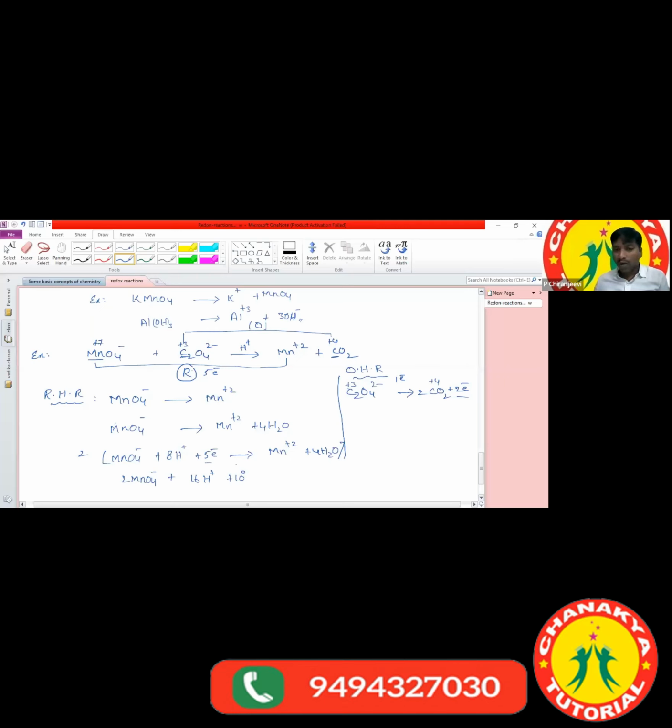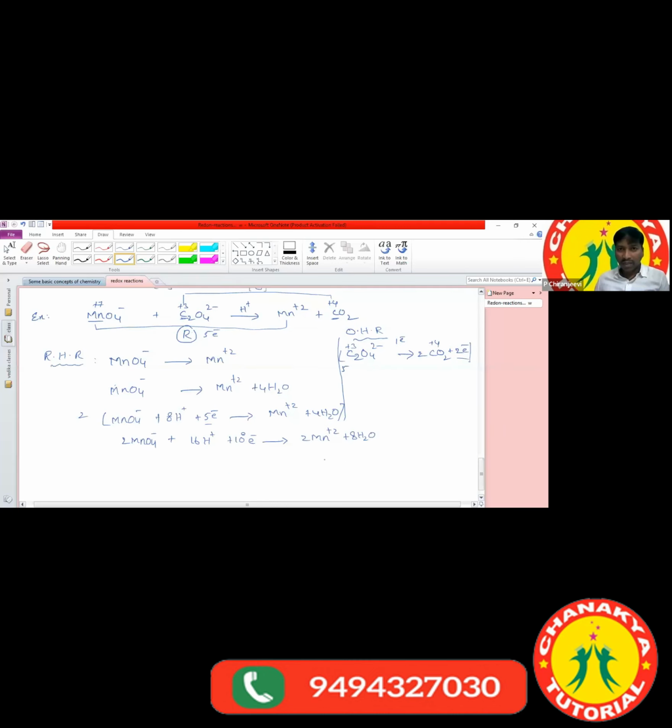Now, what things are there in opposite directions that you can cancel? Here 10 electrons are there, and here 10 electrons are there. That is going to be cancelled. Is anything else going to be cancelled in the given equation?